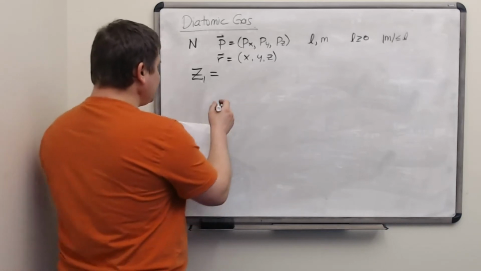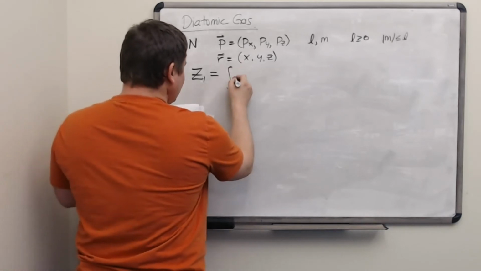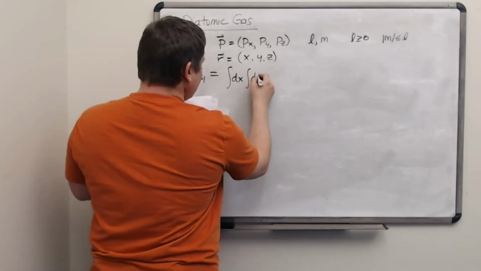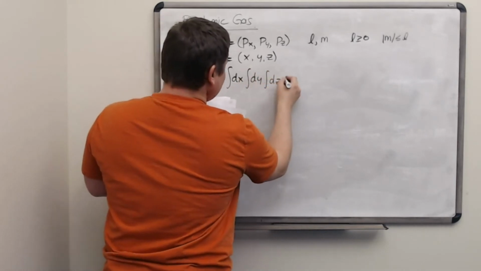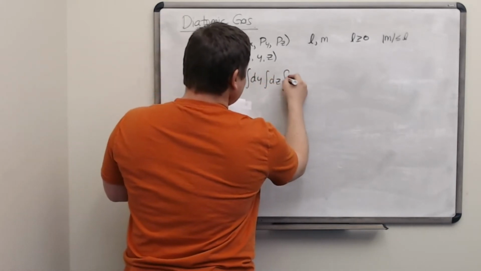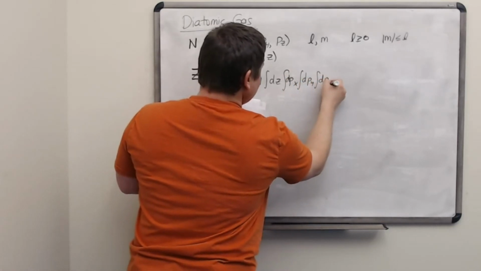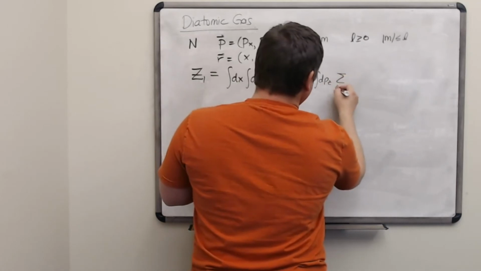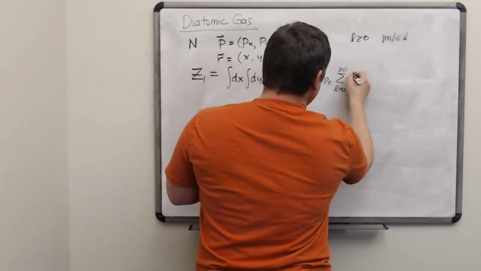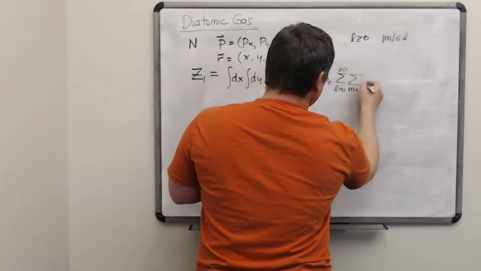Okay, so for our partition function for just one molecule, we'll be integrating over x, y, and z. We'll be integrating over px, py, pz, and we'll be summing over L, and we'll be summing over M.